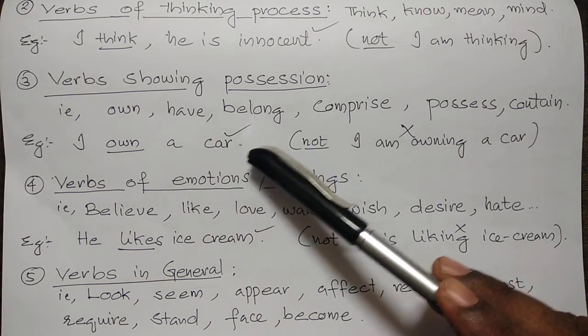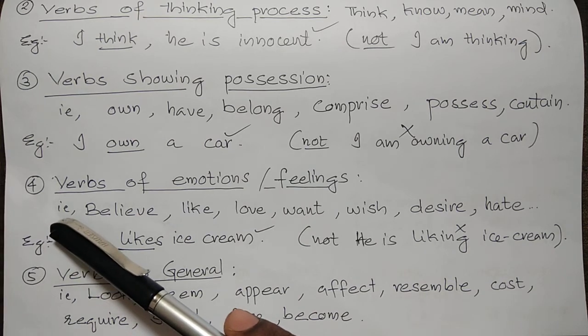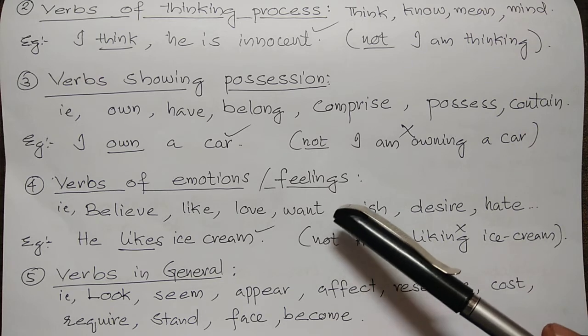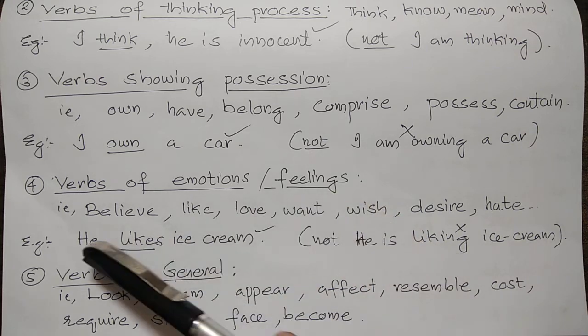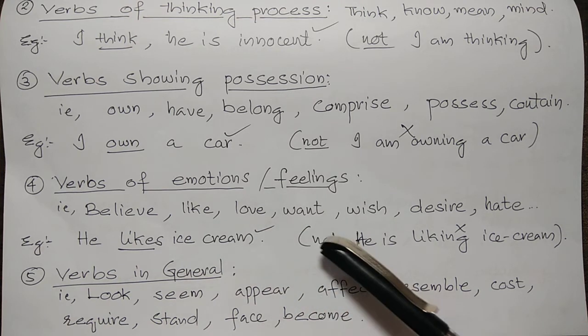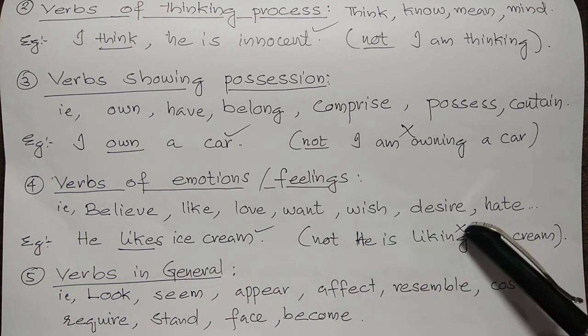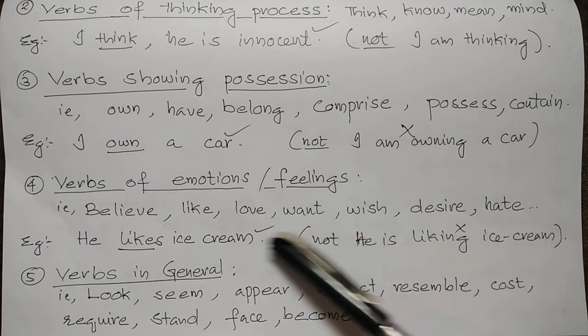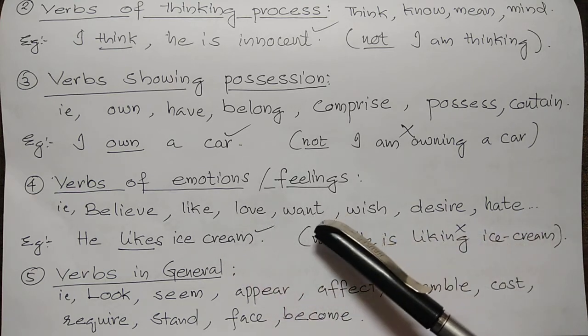I own a car. That is right. Fourth one, verbs of emotions or feelings. The words are believe, like, love, want, wish, desire, hate. All these words are verbs of emotions or feelings.